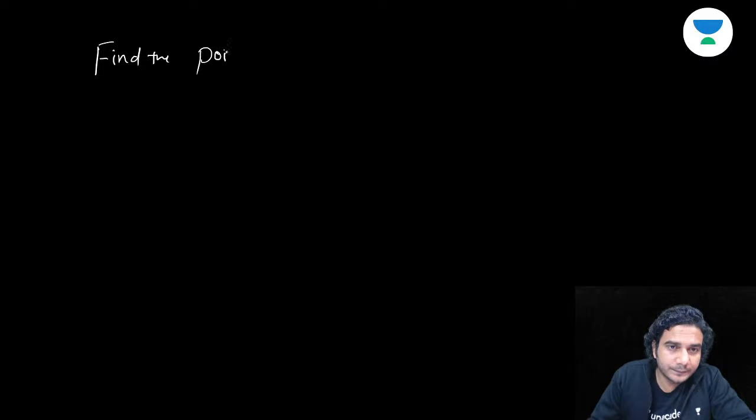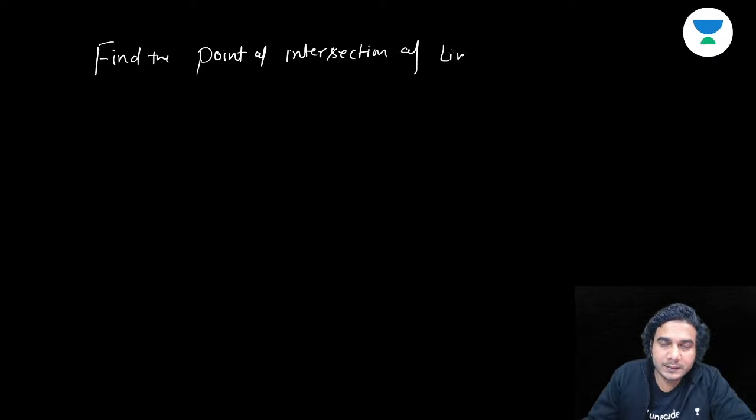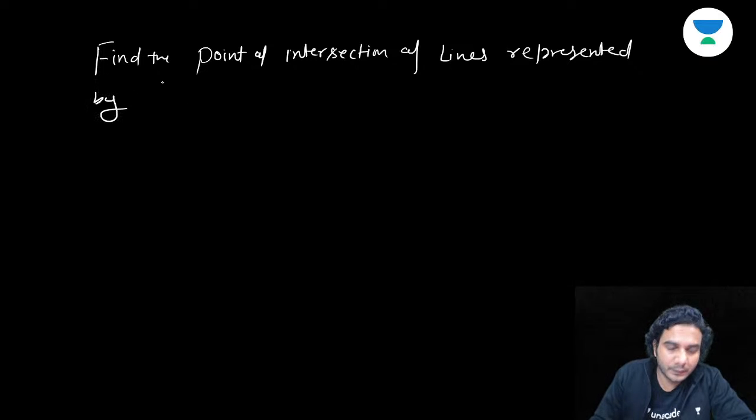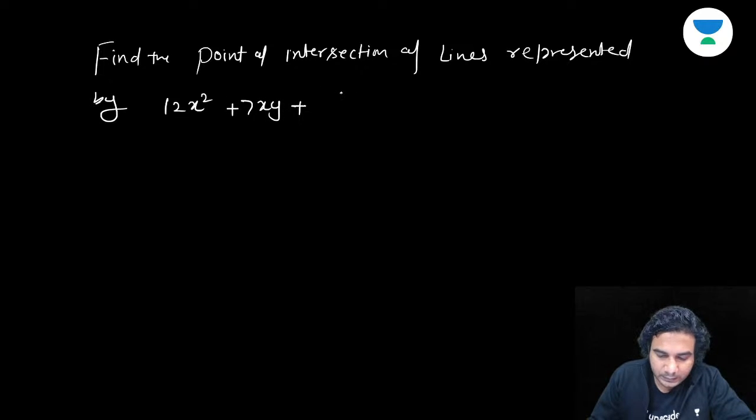Find the point of intersection of lines represented by 12x square plus 7xy minus 12y square minus 17x minus 31y minus 7 is equal to 0.